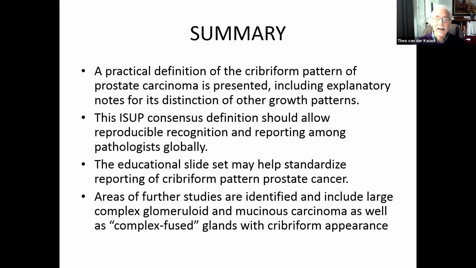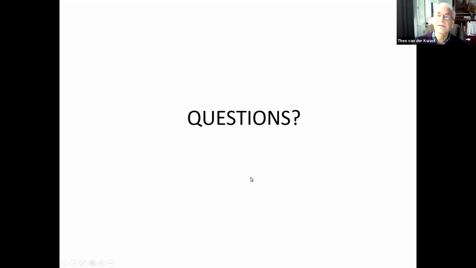The educational slide set may help standardize reporting of cribriform pattern prostate cancer, but we are aware that a number of borderline situations may occur where we do not have any idea. Areas of further study are identified and include large complex glomeruloid and mucinous carcinoma, as well as complex fused glands with cribriform experience.